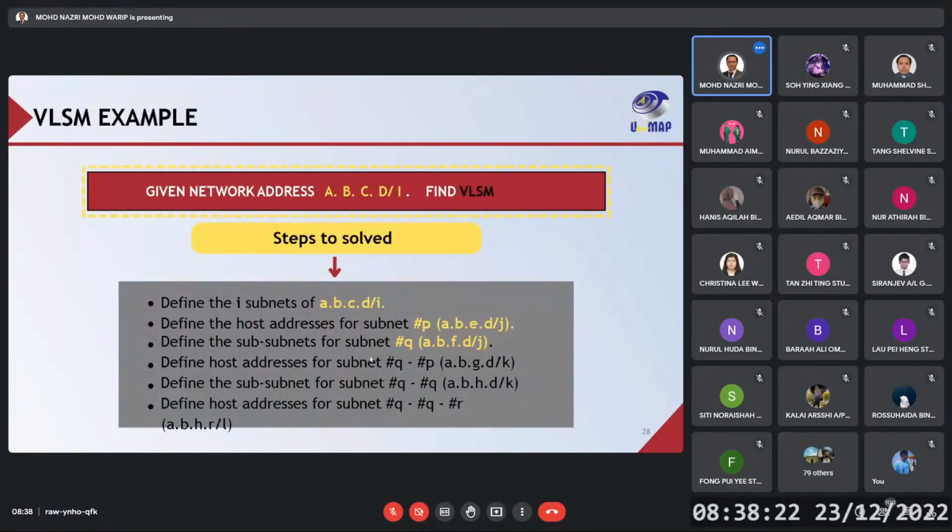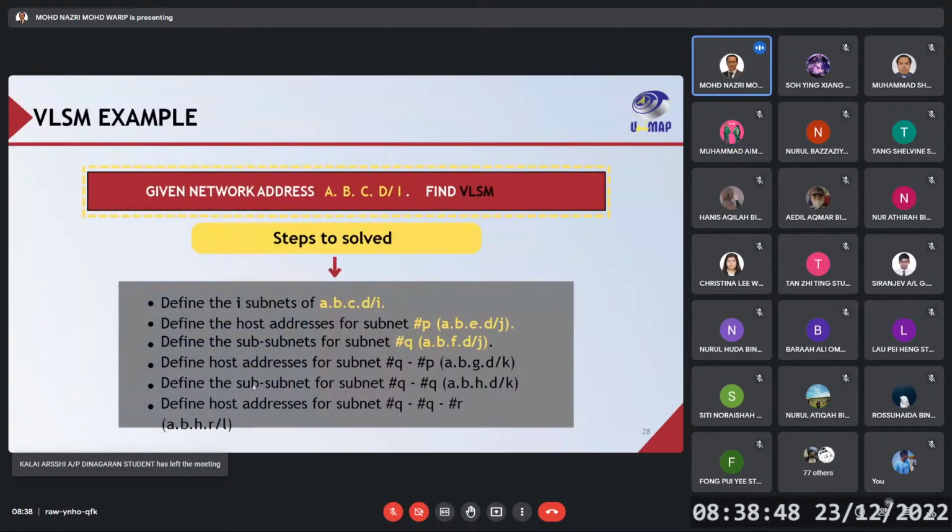Okay, for this one, for host subnet Q, that means for the subnet it becomes a.b.g.d/k. That means the number is changing. The decimal number will change, and the prefix number also changes, becoming k. And so on.